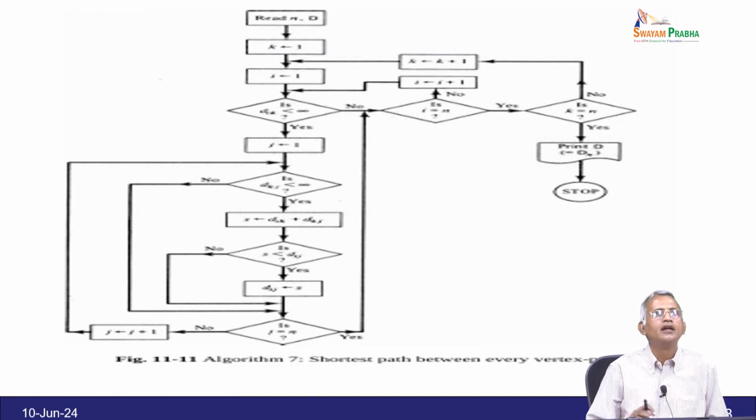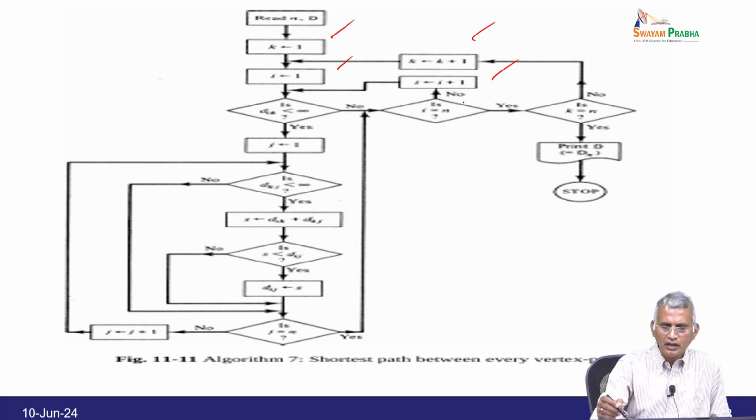In the flowchart, read n, set k equal to 1 and i equal to 1. Then k equal to k plus 1 and i equal to i plus 1. Is i equal to n? If no, go to the above; if yes, check whether k equal to n; if yes, print, otherwise go to the loop. Is Dik less than infinity? If yes, j equal to 1. Is Dkj less than infinity?